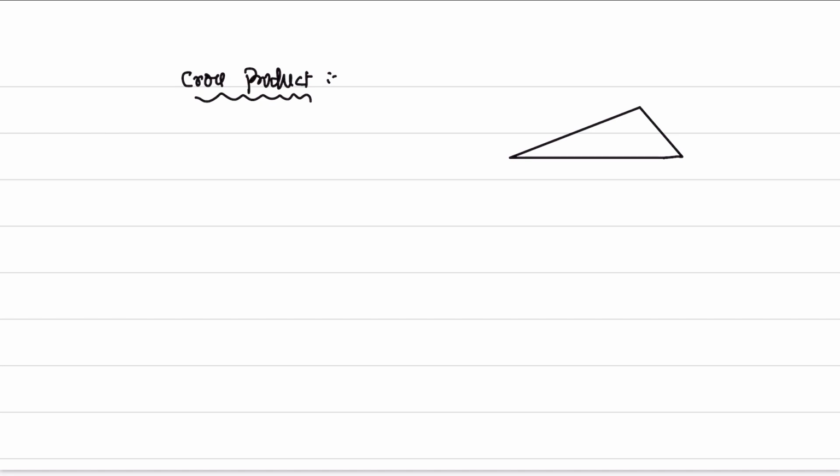And this is the origin, this is P, the OP vector, and this is Q, the OQ vector. And a line perpendicular, or normal, to the plane of OPQ.